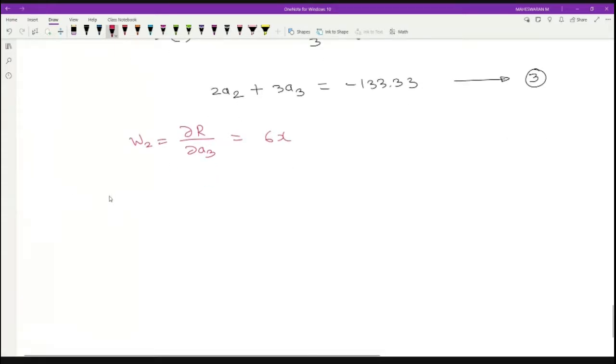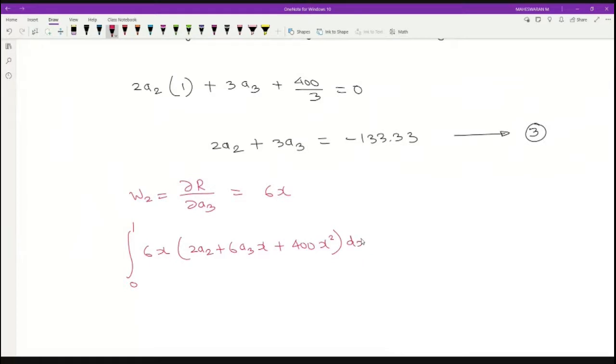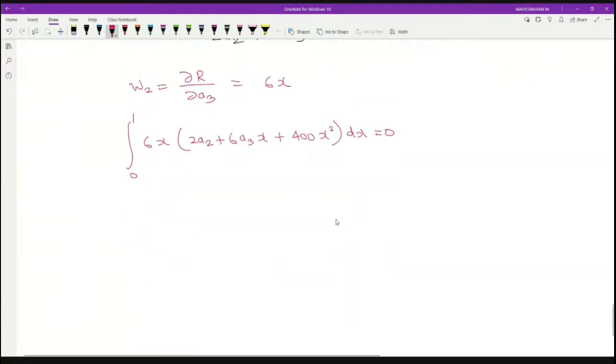So now what is my integration? Integral 0 to 1 6x r of x dx is equal to 0. So when you look here, this 6 is a constant. When you bring it on the other side, that becomes 0. So remaining, I will multiply it inside. Which means 0 to 1, we'll get 2a2x plus 6a3x square plus 400x cube dx is equal to 0.